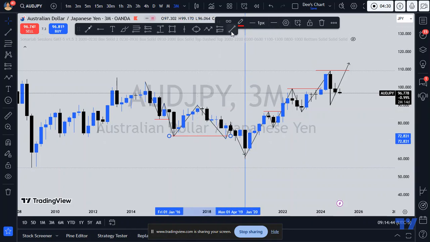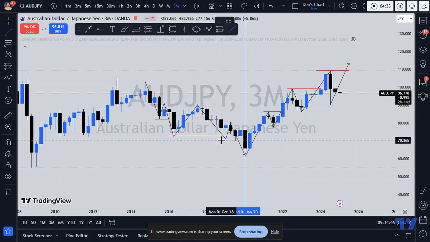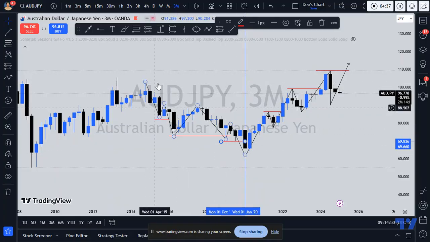You will see a series of lows being taken and price creating structure in a downwards trend. So we have lower lows, lower highs, lower lows, lower highs, lower low, lower high, and a lower low. That is what we call a seller's market, when you have price creating selling structure in the form of lower lows and lower highs.